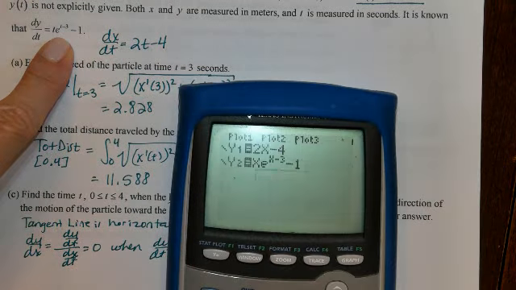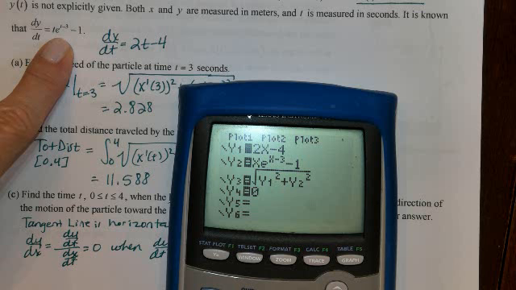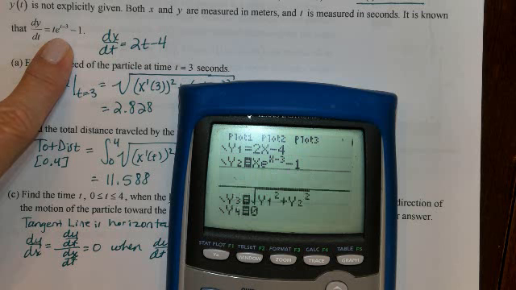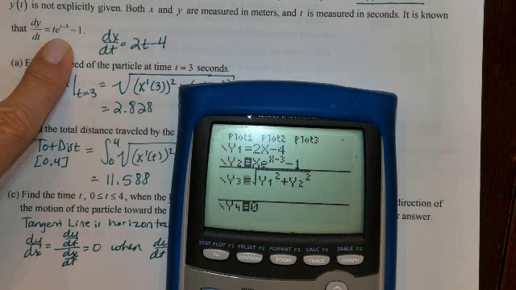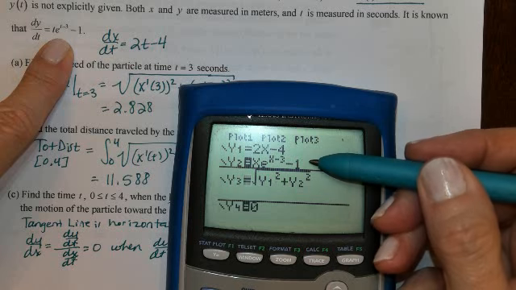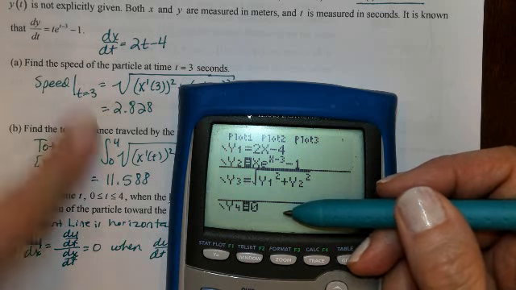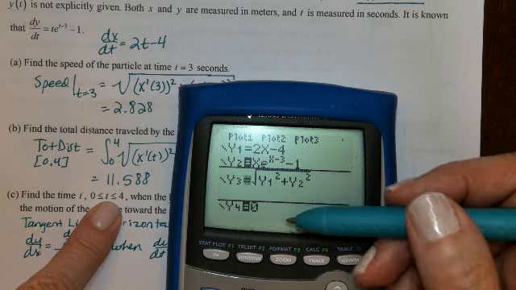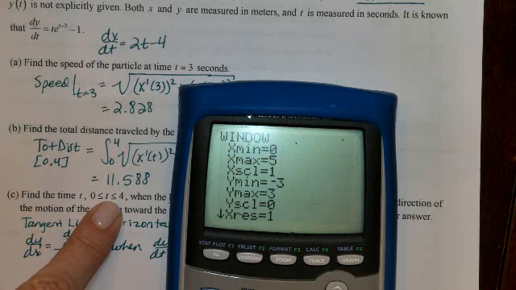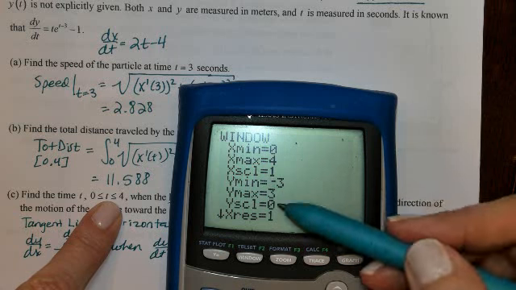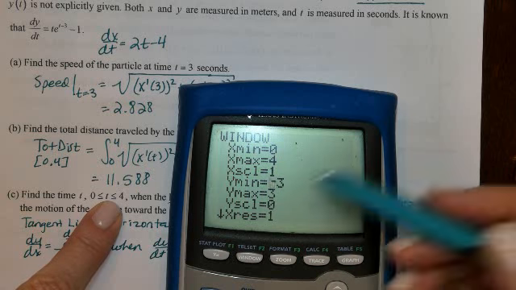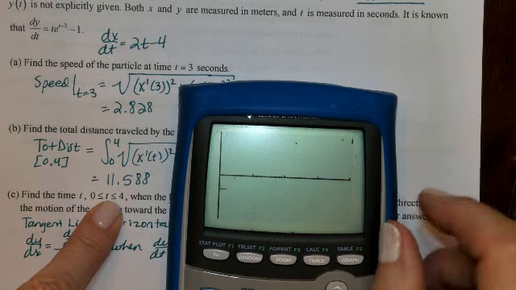So on your y equals, I'm going to turn off the graph for y1. I'm going to turn off the graph for that square root. I'm going to leave y prime and I'm going to leave my 0. Okay? And I only want to look at 0 to 4. So window 0 to 4. And I just need to include 0 in my y's, so I'm just going to leave it like that.